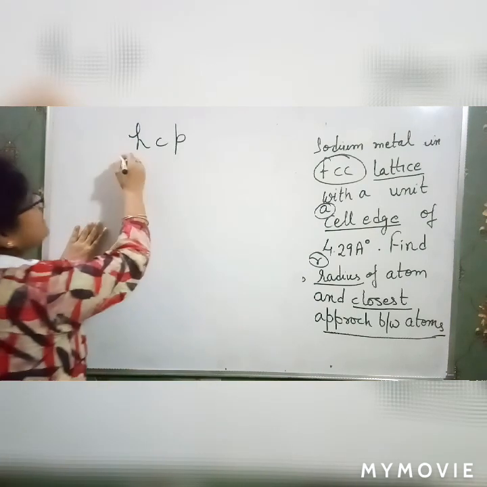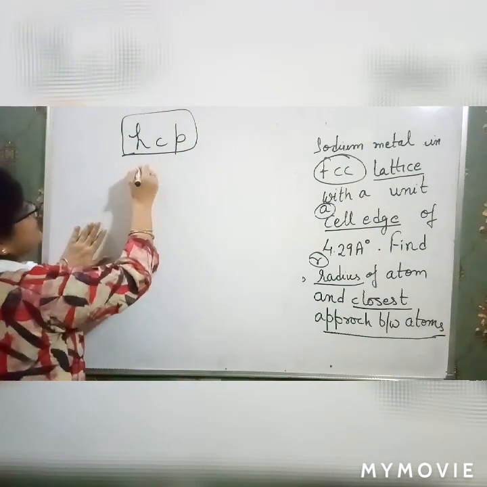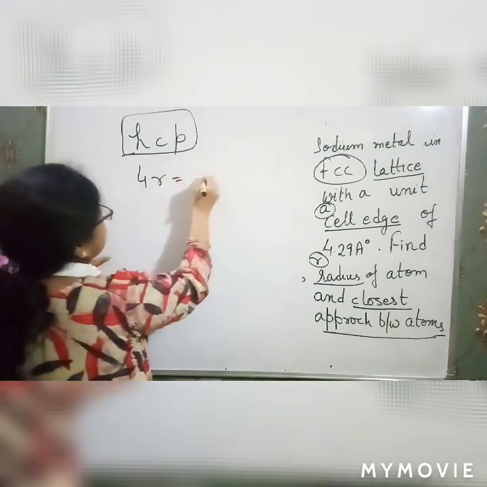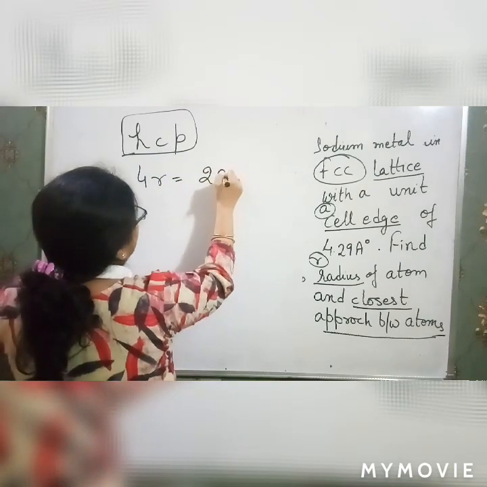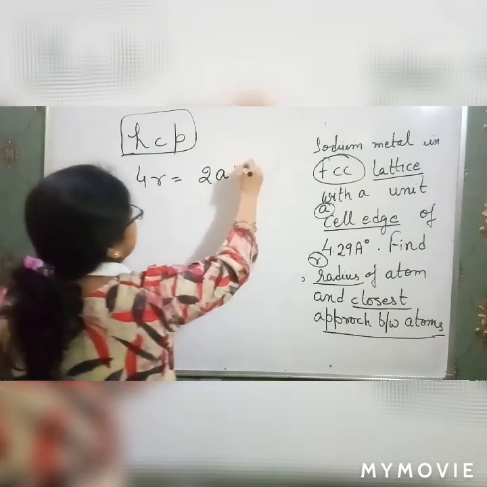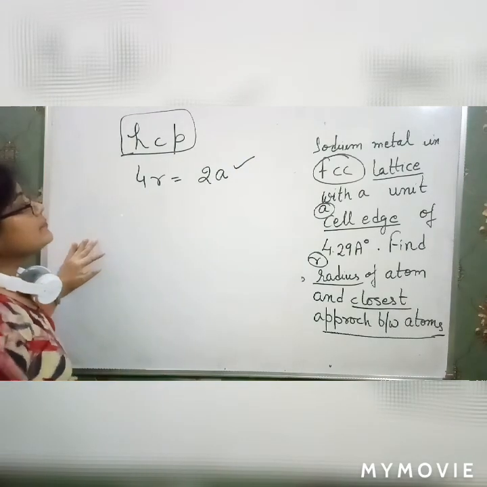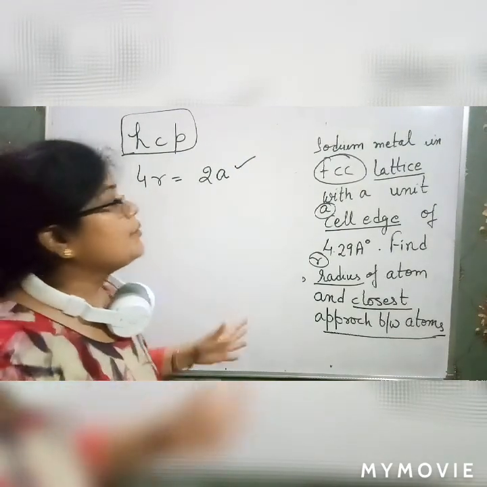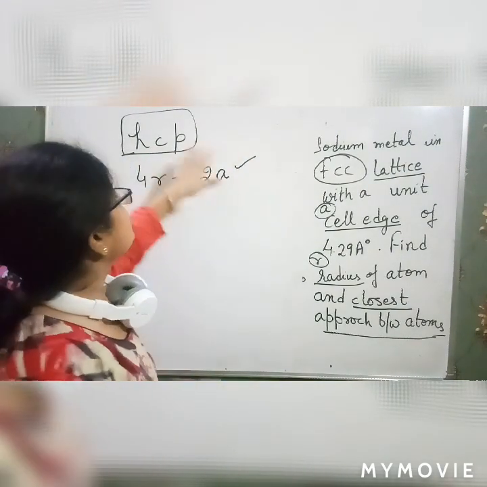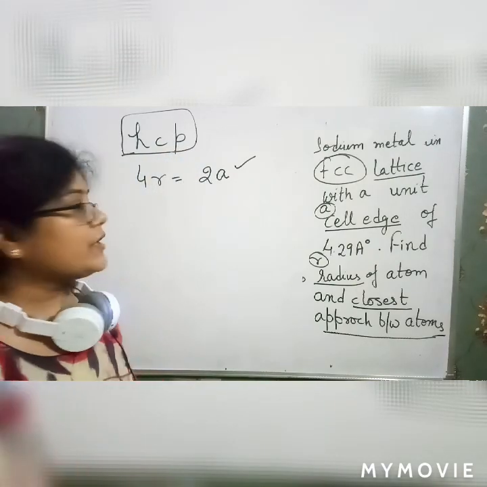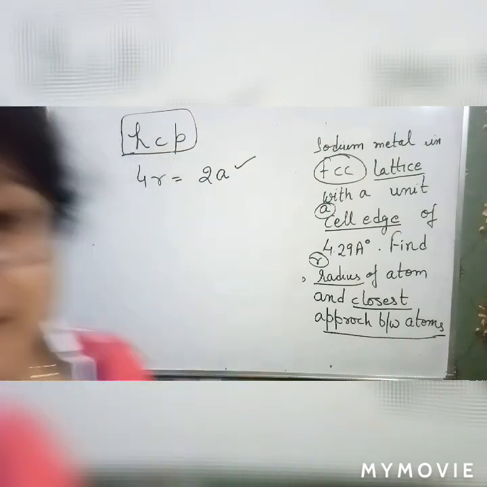In HCP, if it is given in the question, HCP lattice, then 4r is equal to 2a, that is the same as the simple cubic, clear? So don't be confused if in the question it is given with HCP. Now the next pick.